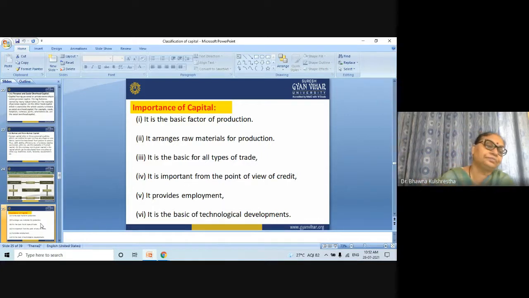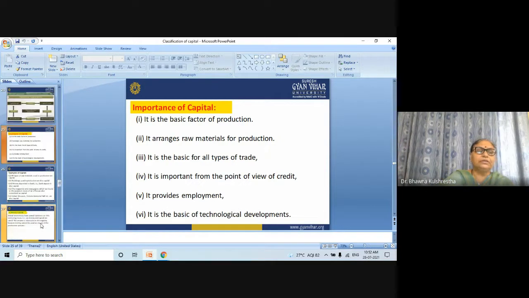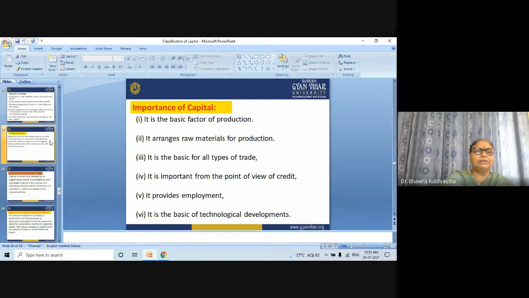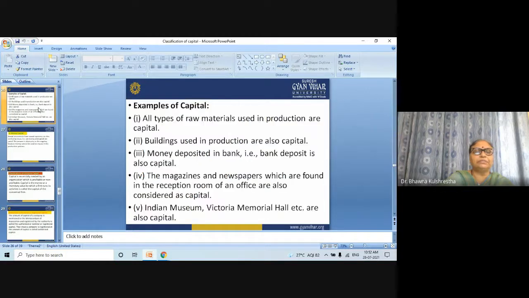Given this importance, we see the next examples of capital. All types of raw materials used in production are capital.